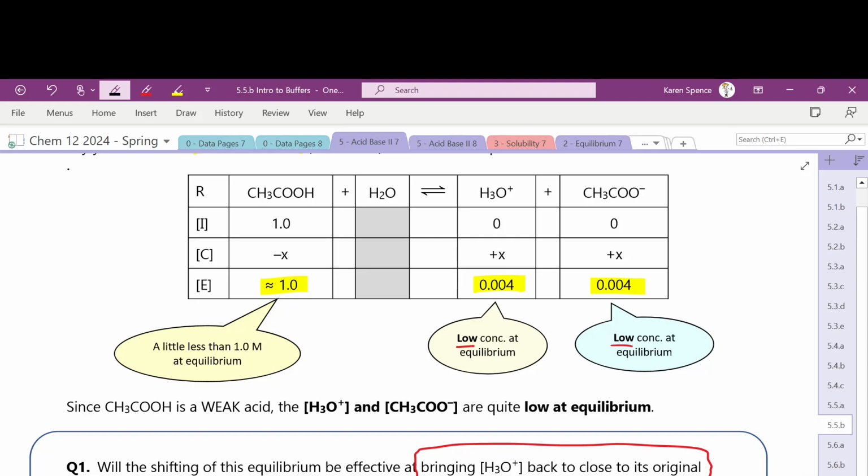What are we really adding if we're adding NaOH? Which ion are we interested in? We're interested in the OH minus. What can the OH minus do to this equilibrium up here? It can react with the H3O plus, which will decrease the concentration of H3O plus.